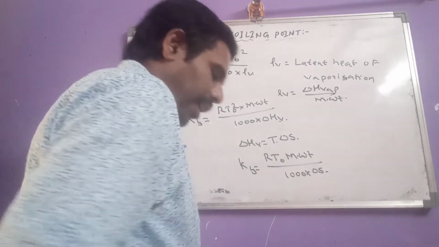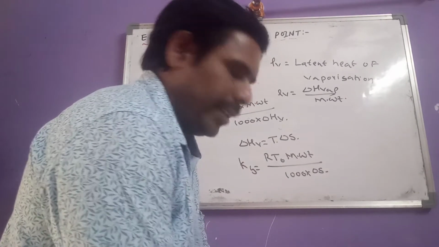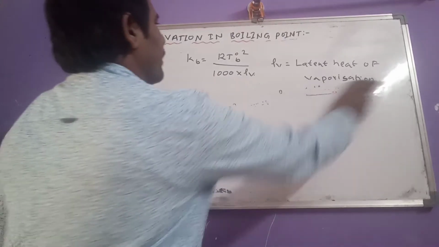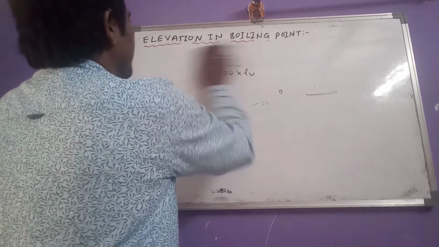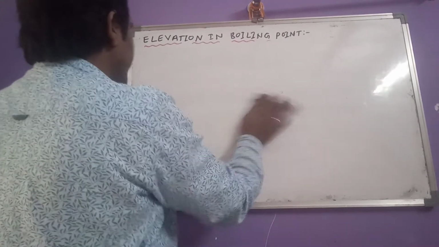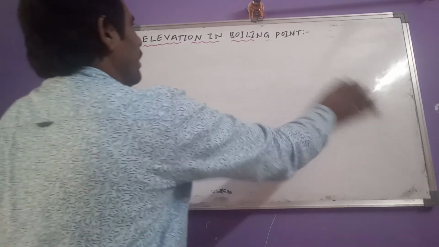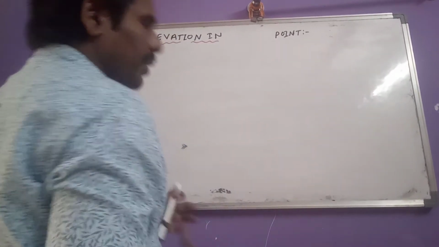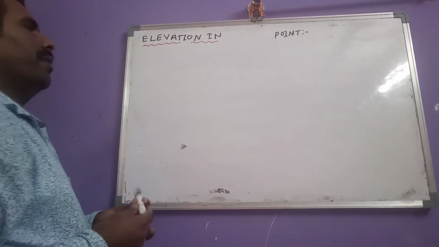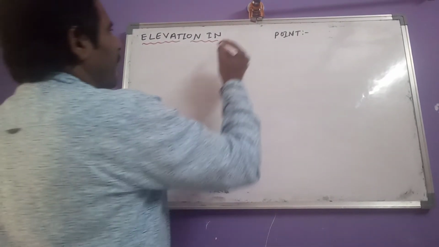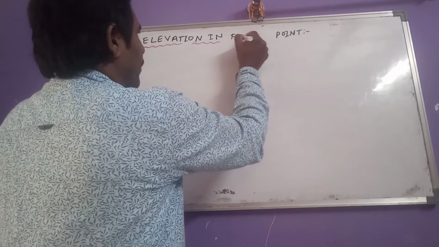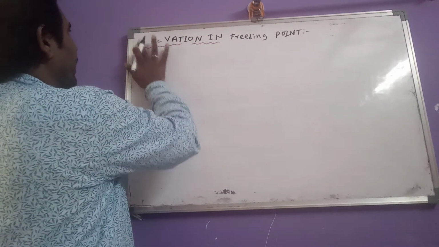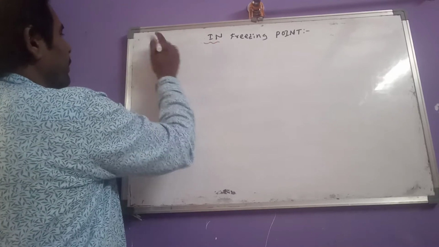Okay, then after this, depression in freezing point. As boiling point is elevated by adding a non-volatile solute, what happens to the freezing point? It undergoes depression, meaning a decrease in freezing point. So our next topic is depression in freezing point.